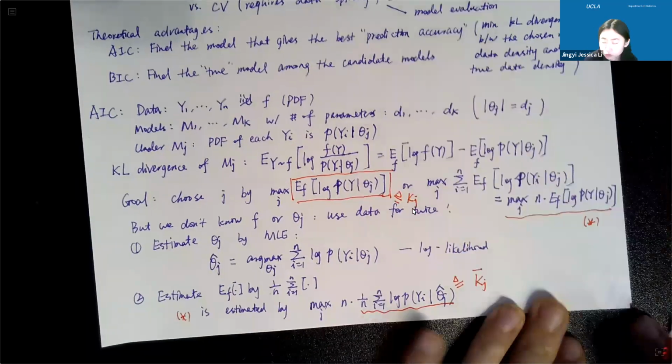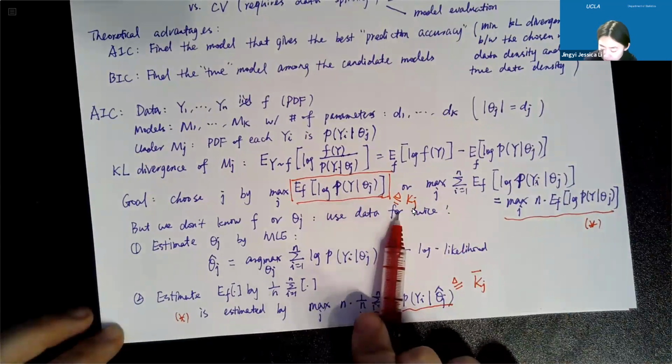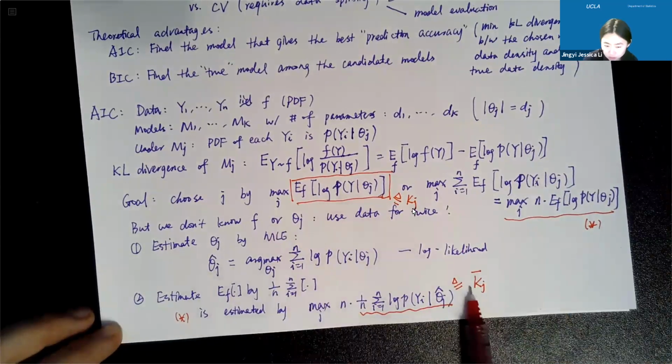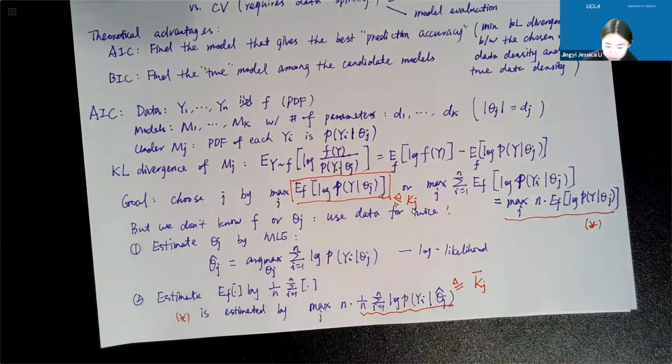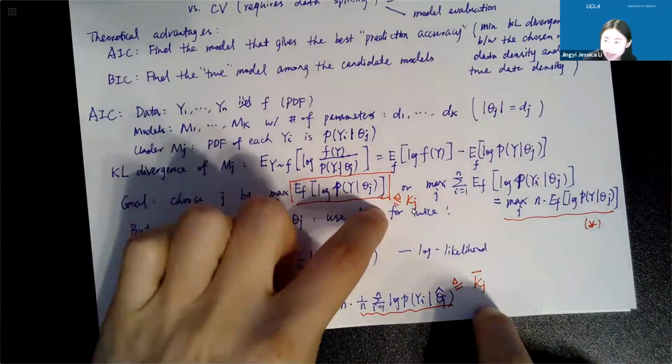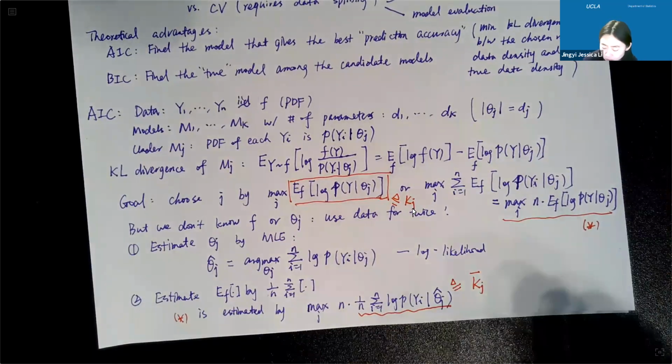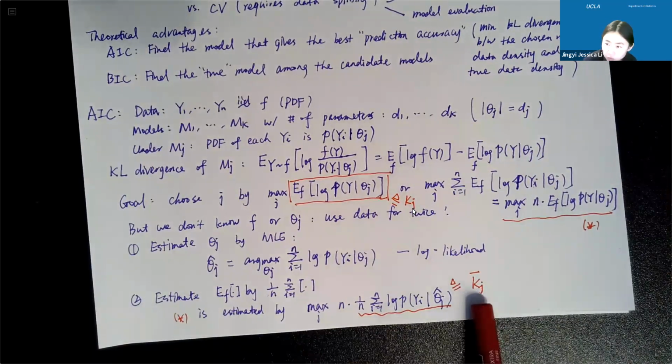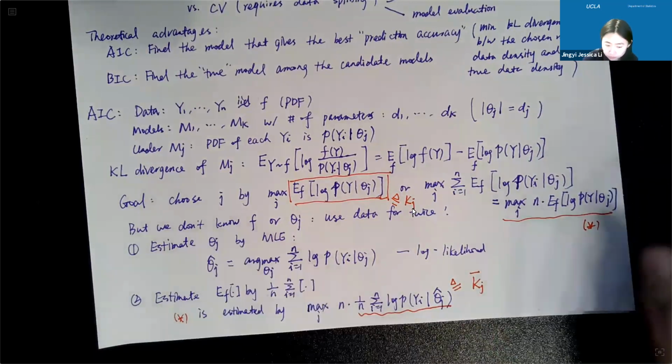So kj is our true target to be maximized. Kj bar is the achievable target we want to maximize. Therefore, there's a gap between those two. And what AIC proposes is to correct kj bar to be a better approximation of kj. So that's the goal of AIC.